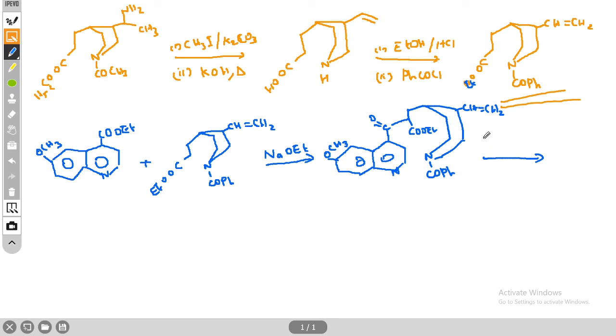Then it is treated with HCl for hydrolysis.